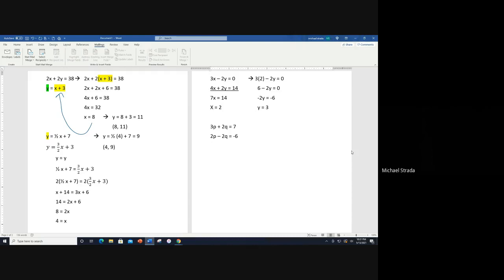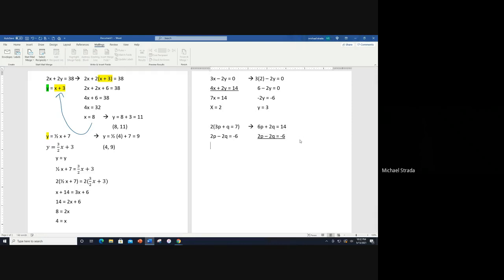What you'll see is we don't have anything that's opposite of each other. However, if I take the original equation up top and multiply it by 2, which I'm allowed to do as long as I do it to both sides, I distribute through on both sides. 6p plus 2q equals 14. Don't forget to multiply everything. And then the bottom one stays exactly the same. 2p minus 2q equals negative 6.